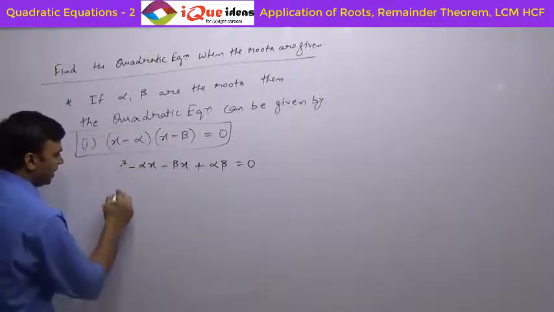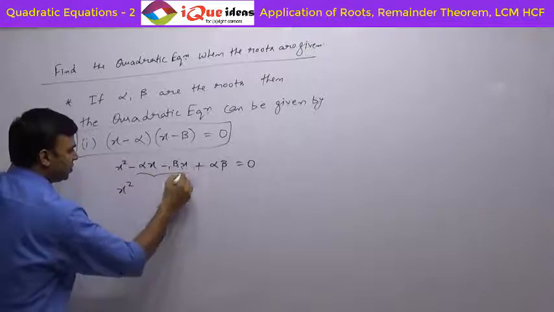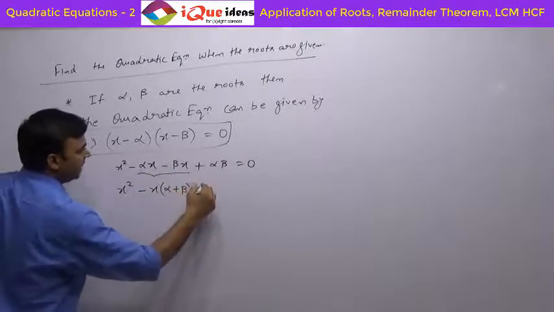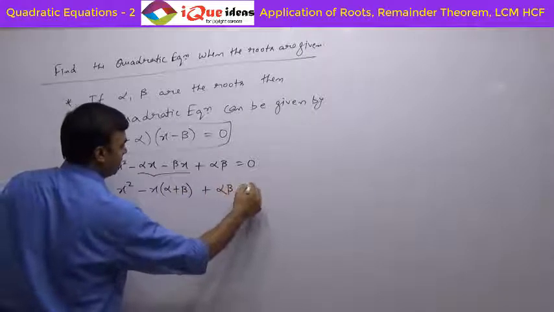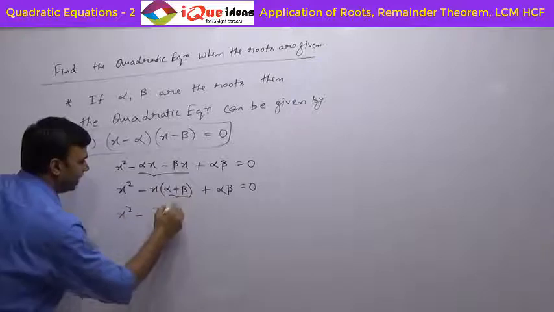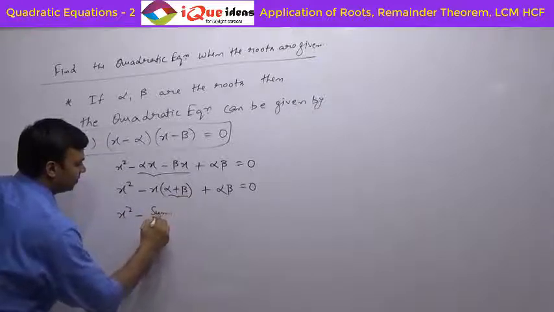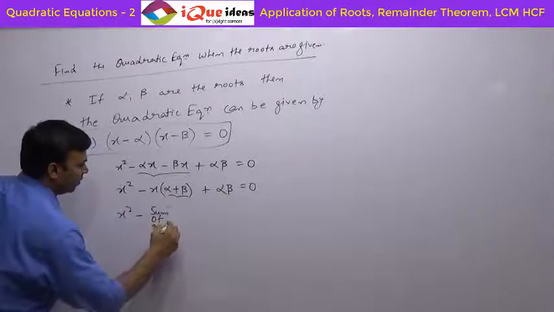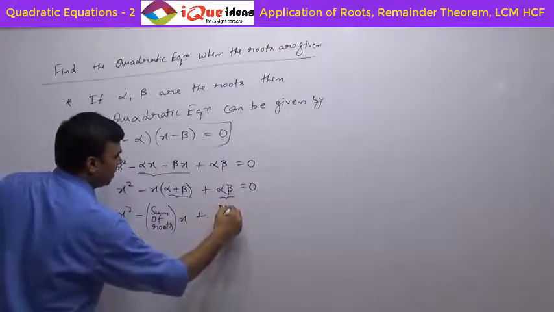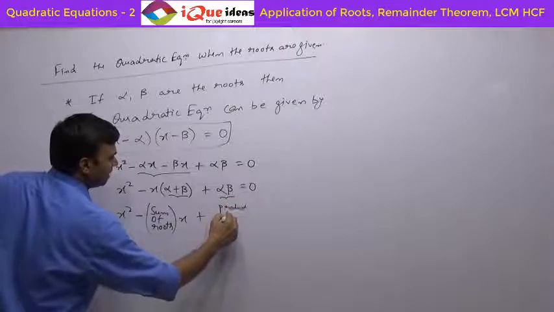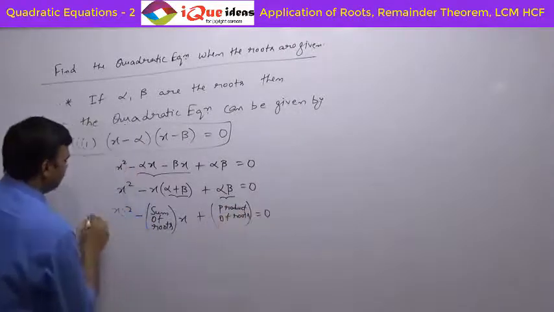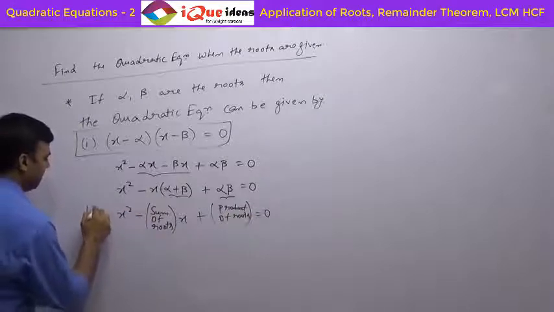Taking minus x common from the two middle terms, it will be alpha plus beta, and this is already alpha into beta, equal to 0. Now this can be written as x square minus (alpha plus beta, the sum of roots) into x plus alpha into beta, the product of roots, equal to 0. So this is the second formula.